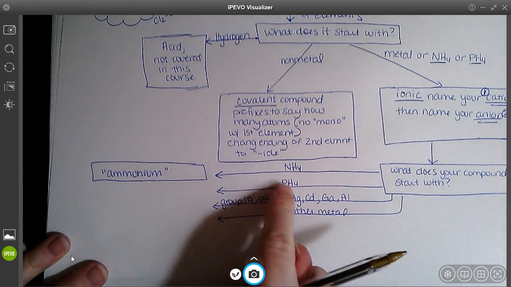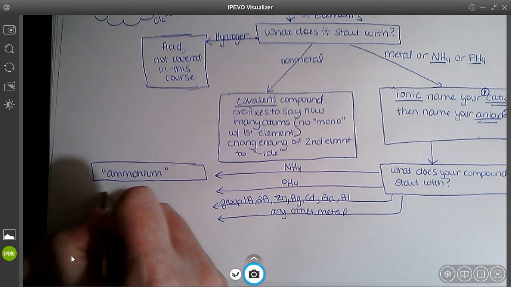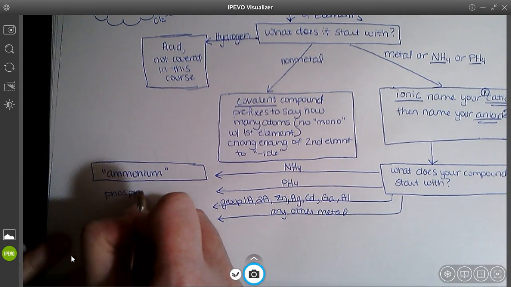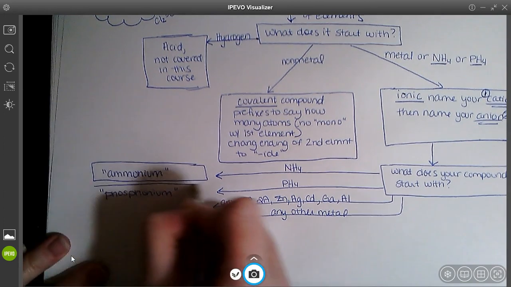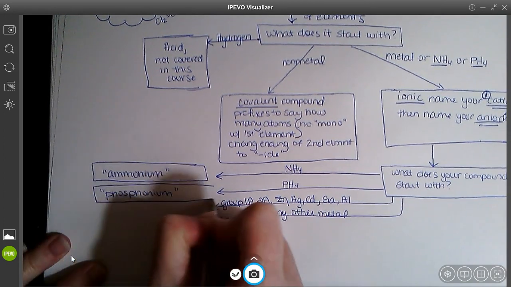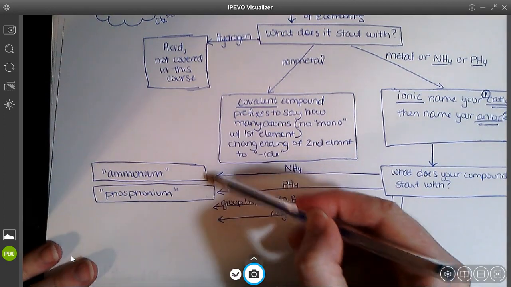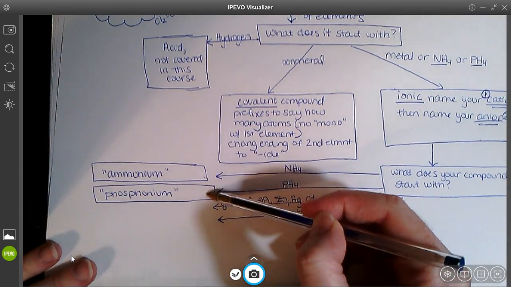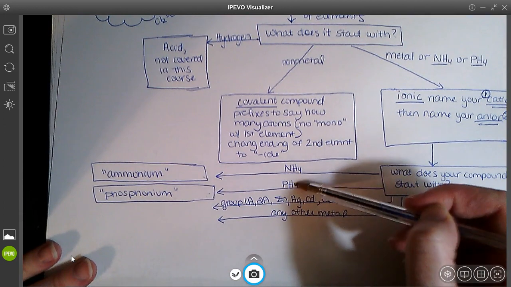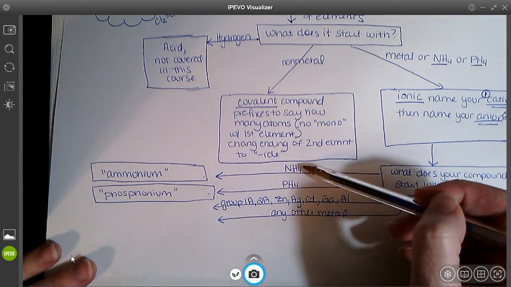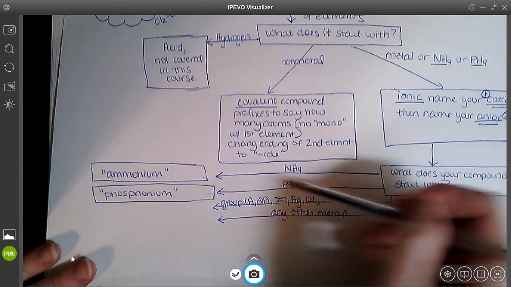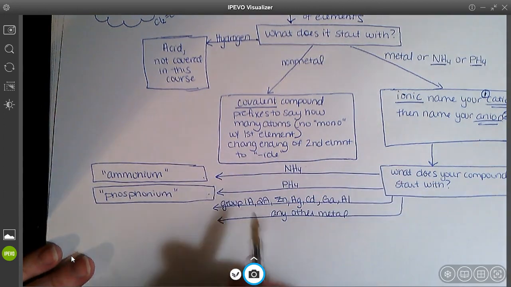If it starts with PH4, then it's phosphonium. Just write that name. These are the only two polyatomic cations. So if it starts with a cation, and that cation is a polyatomic ion, it either is NH4 or PH4, and you're just going to name it as is.